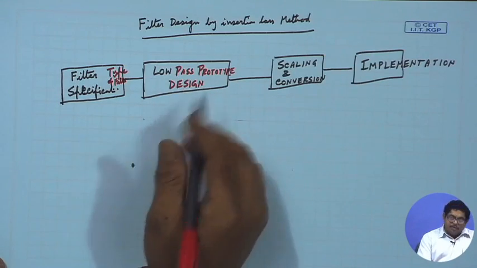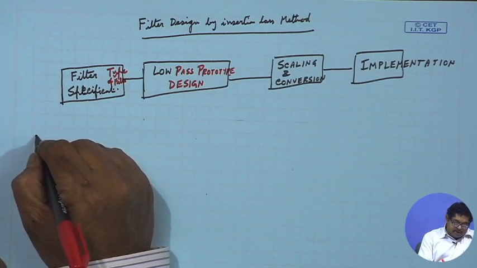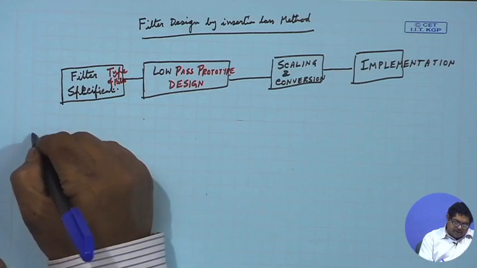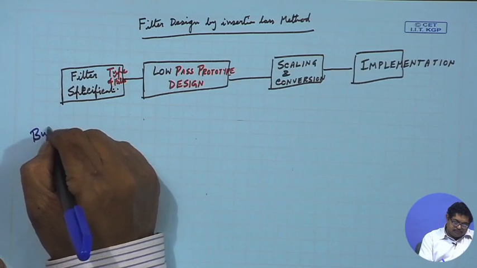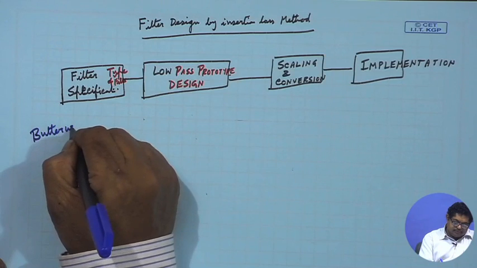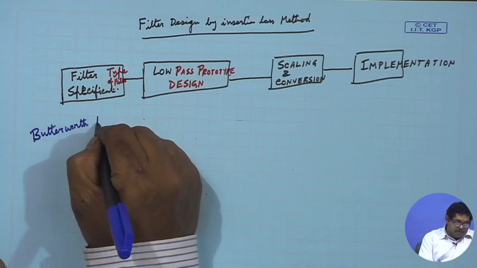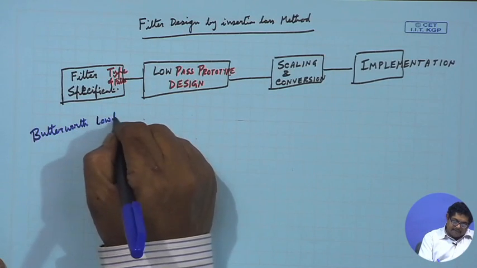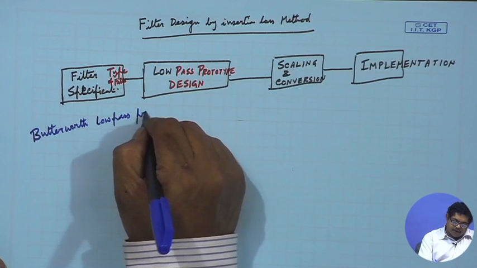Now, first we start with the Butterworth low pass prototype.